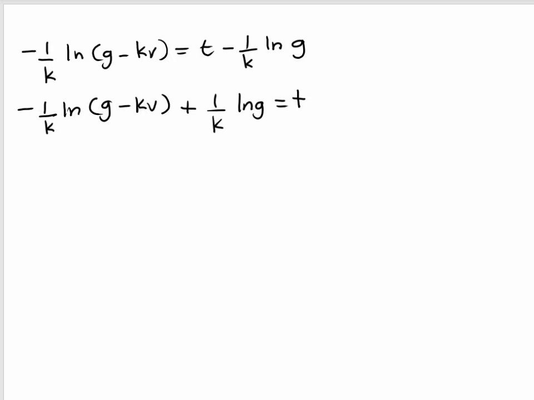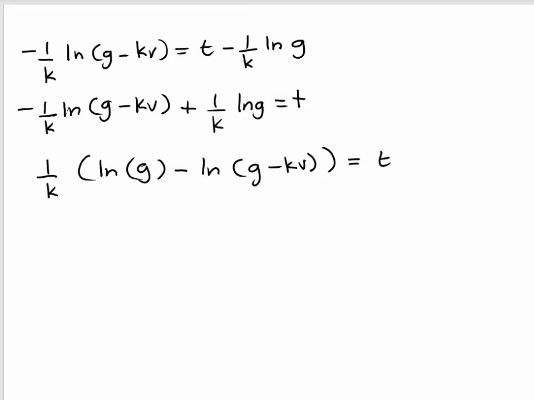Now we can factorize 1 over k, so we have 1 over k times ln g minus ln g minus kv, equals t. Using laws of logarithm, now we have ln g divided by g minus kv, equals t.